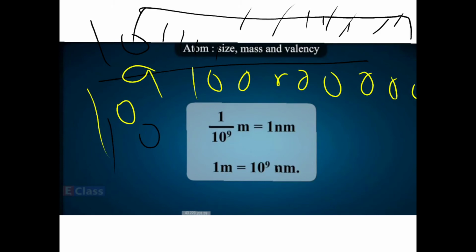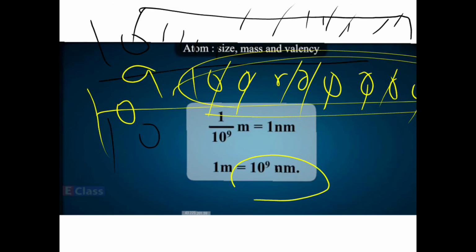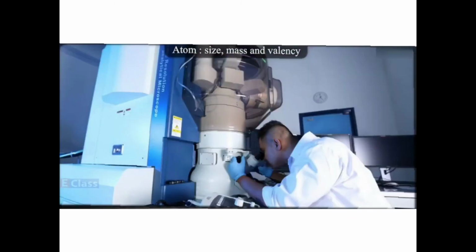You need 10, 100, 1000, 10,000, then lakh, 10 lakh, crore, 10 crore, then 100 crore. This many parts we are going to do, and one part of that will be the 10 raised to minus 9. So when you combine all these 10 raised to 9 parts together, you're going to get 1 meter. That much tiny partitions you are going to do.